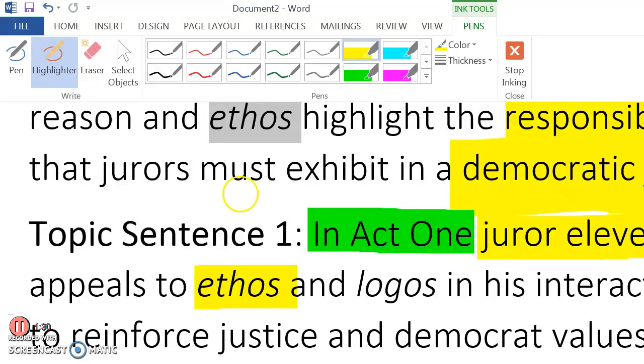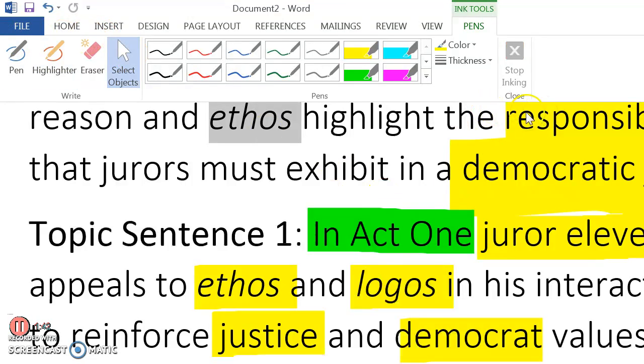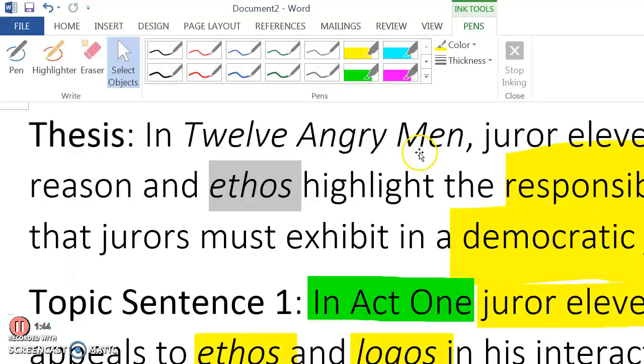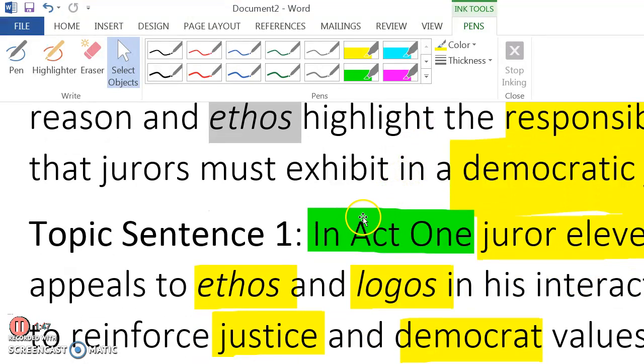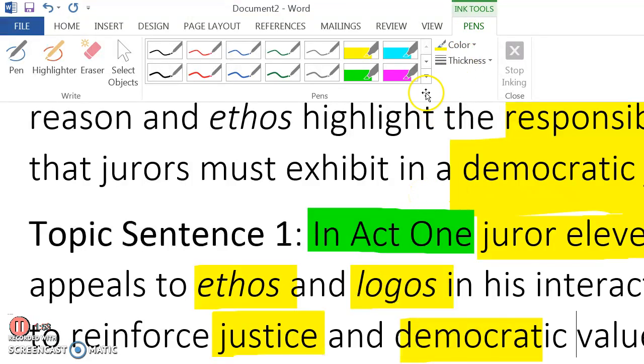By naming ethos and logos, I connect back. By naming these ideas, I explicitly connect back to fairness and democratic. There's a typo here. So that is what an effective topic sentence looks like.